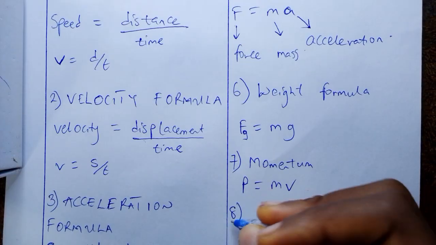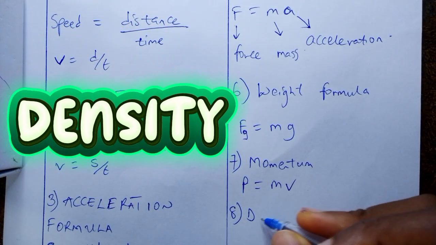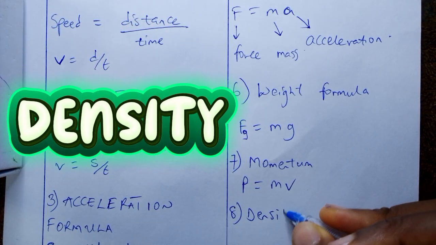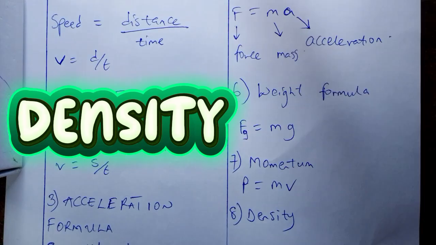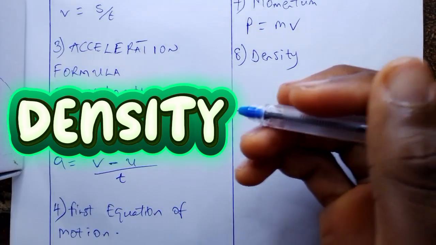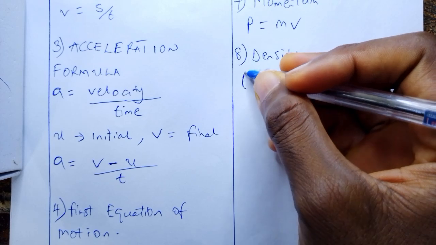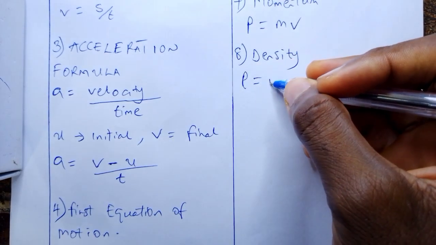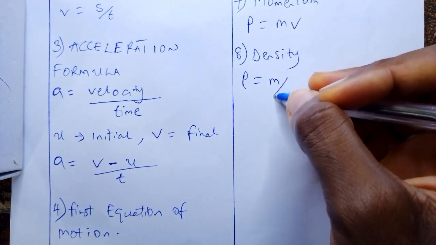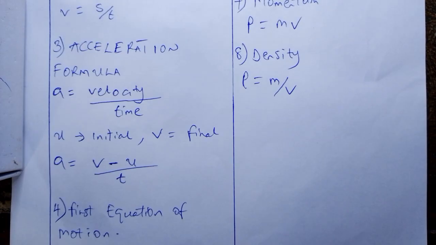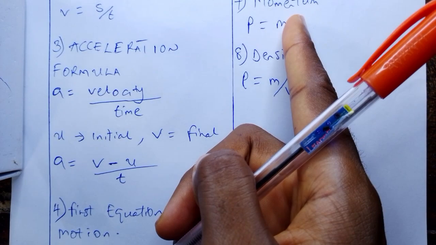Formula 8, density formula. Density is rho equals mass over volume. Don't mistake this and this.